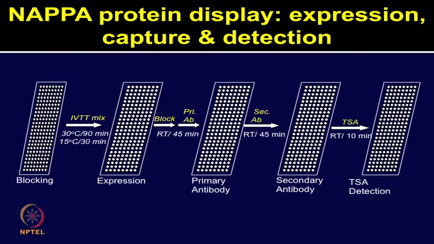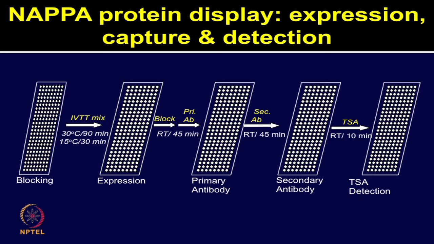Once the DNA is quality control checked, then you need to move on to the protein expression testing. In this slide, I have shown a schematic of various steps involved in performing NAPPA based protein expression. So, once you have a slide, you need to block the exposed area to avoid non-specific binding. Then you can use the IVTT system.